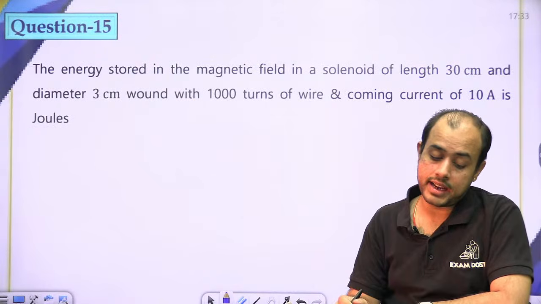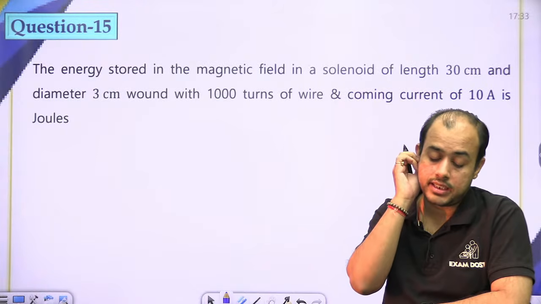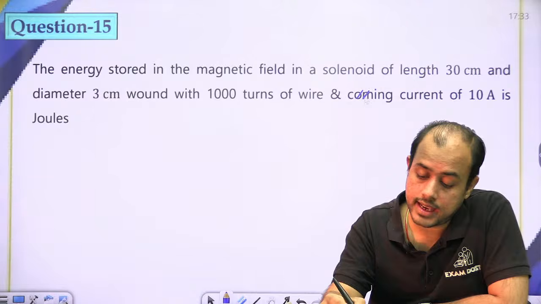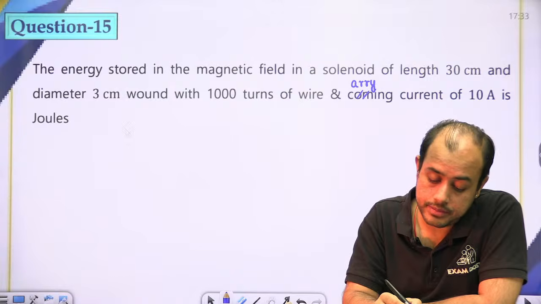Energy stored in a magnetic field in a solenoid of length 30 centimeter, diameter 3 centimeter, wound with 1000 turns and carrying a current of 10 ampere.